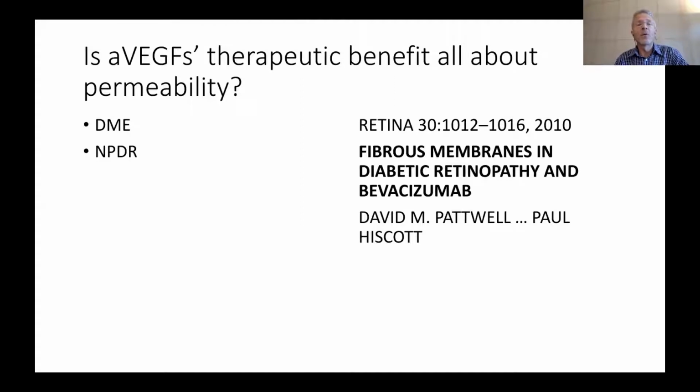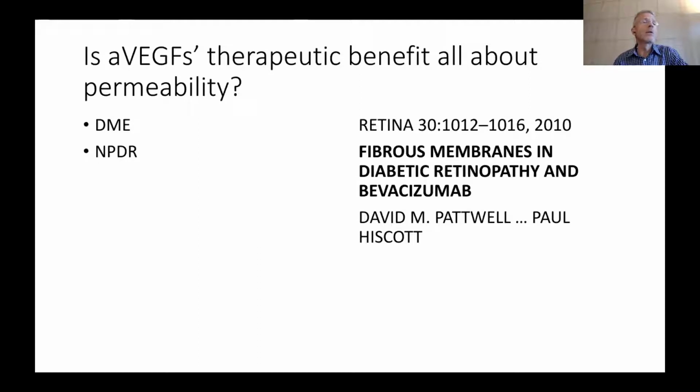Yes, so here we're going to push this point a little bit further. Is anti-VEGF's therapeutic benefit all about permeability? In diseases like DME and non-proliferative diabetic retinopathy, that seems to be clearly the case, because in these diseases, there are no pathological blood vessels for anti-VEGF to regress.